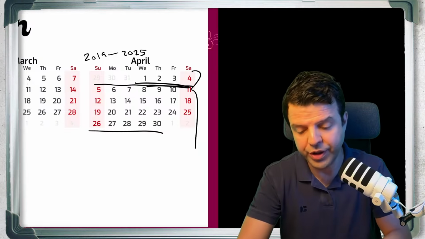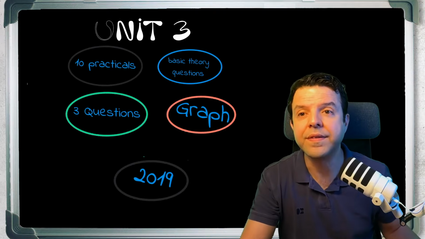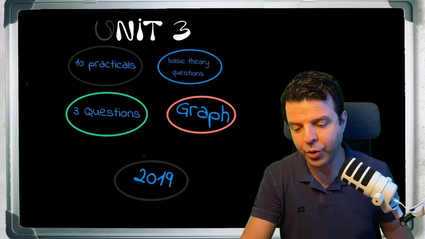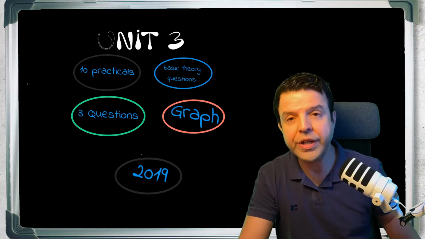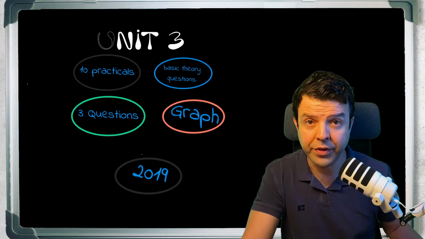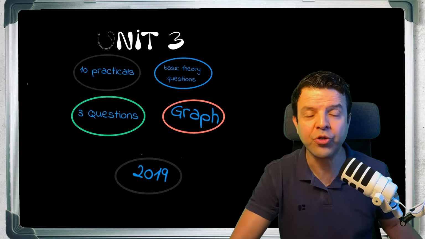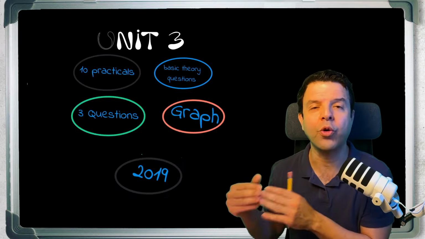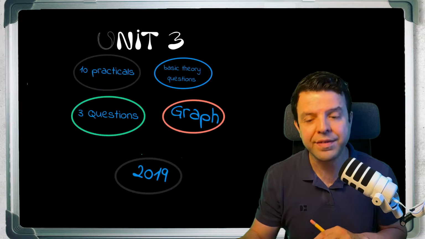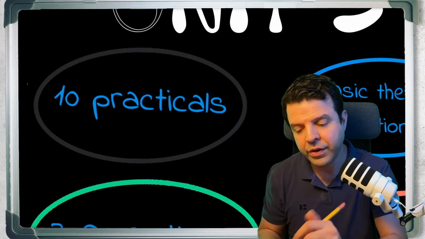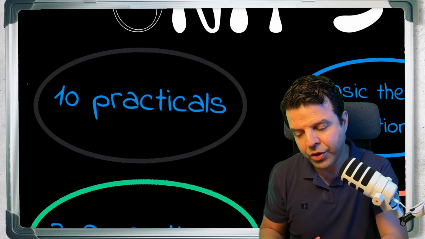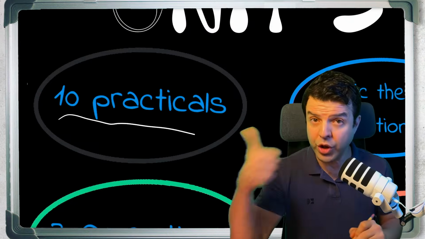Speaking of Unit 3, what is this unit about? Unit 3 has no new content. It's nothing where you open texts or chapters about it. There's nothing new. It's just the practicals that you have done in Unit 1 and Unit 2.